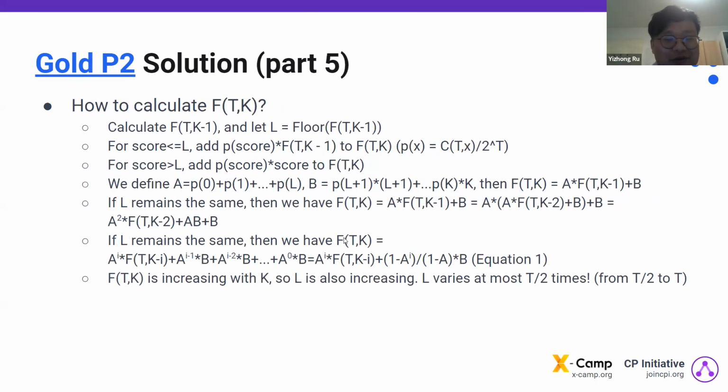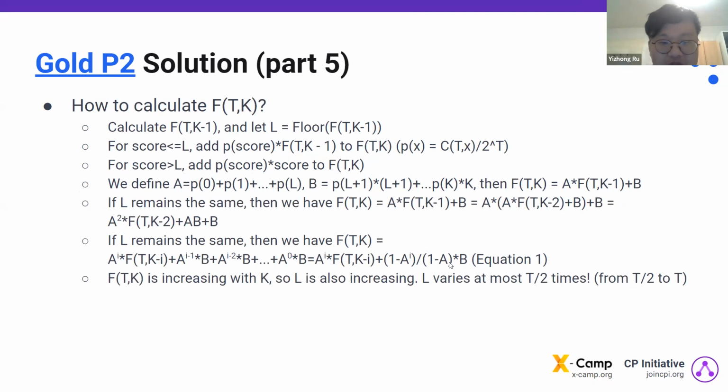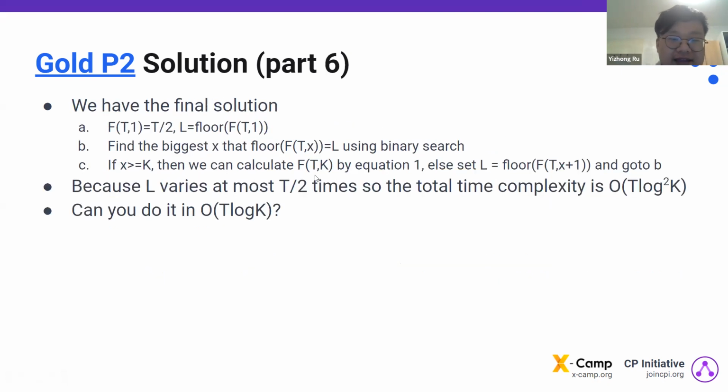Of course, O(T log² K) can pass all the test cases of this problem. And if you want to do it in O(T log K), you first come up with this equation, and then you do not use binary search, you use doubling.